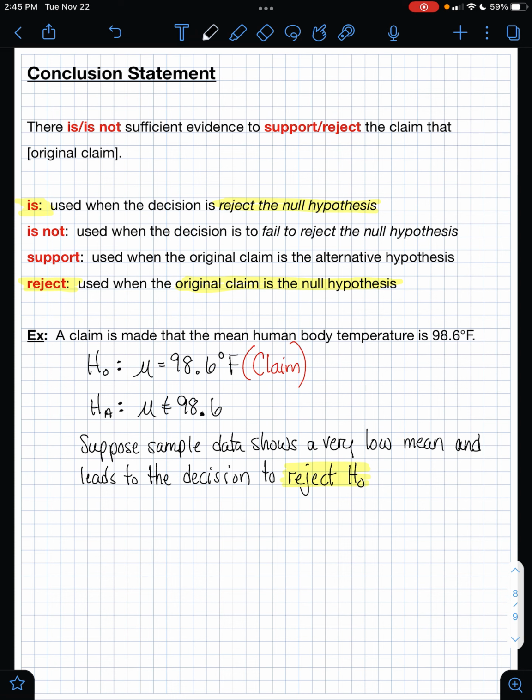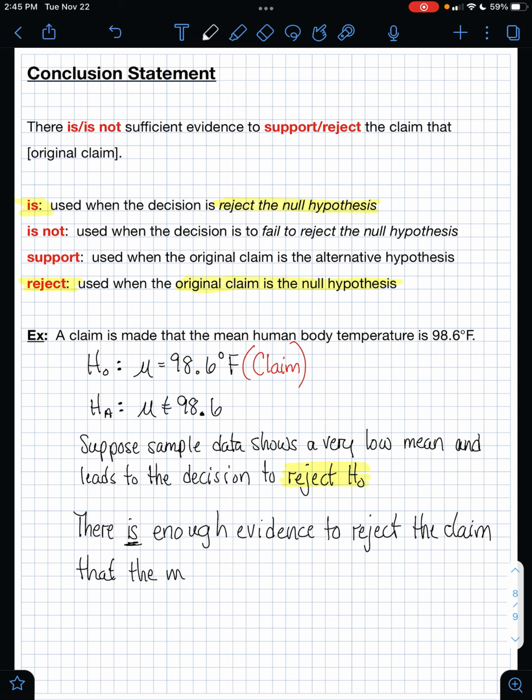So what we are going to say here is that there is enough evidence, or sufficient evidence, to reject the claim that the mean is 98.6 degrees.